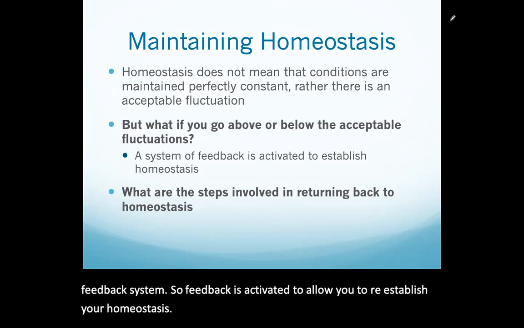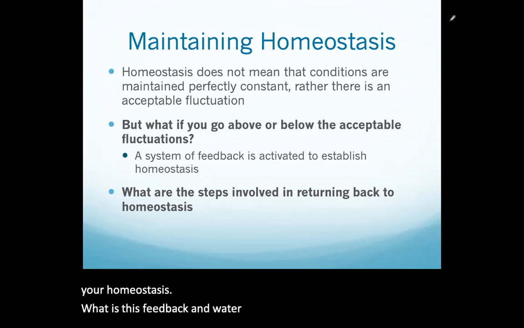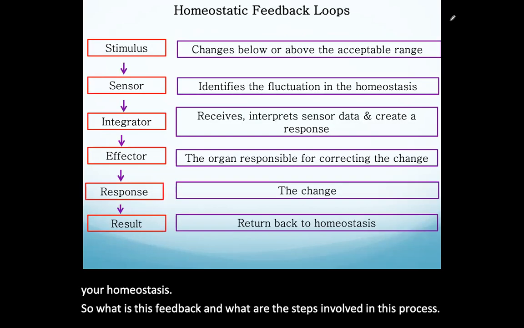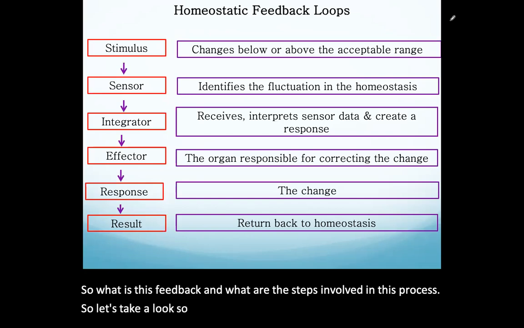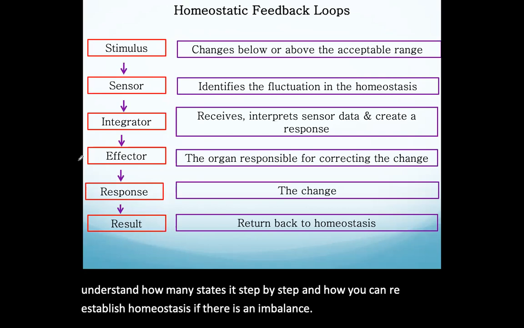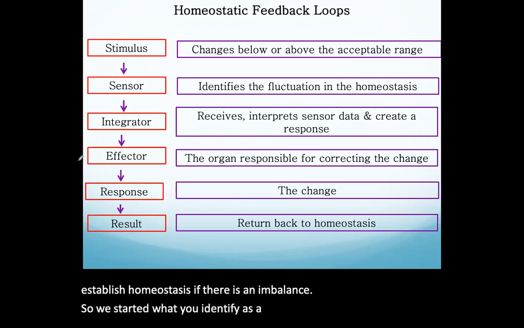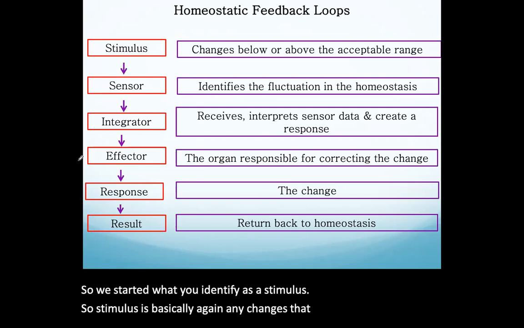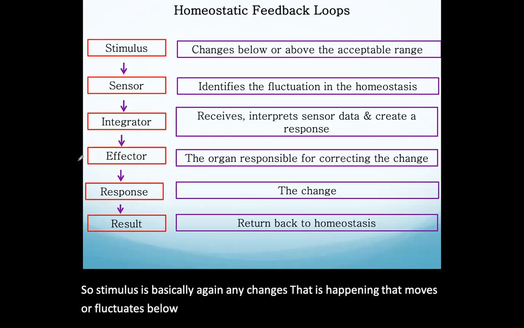So what is this feedback and what are the steps involved in this process? Let's take a look. This is going to be essential for you to understand homeostasis step by step and how you can reestablish homeostasis if there is an imbalance. We start with what we identify as a stimulus. A stimulus is any change that moves or fluctuates below or above what we accept as normal range.